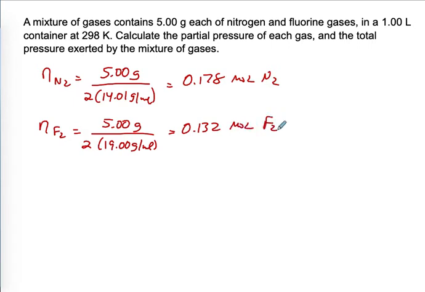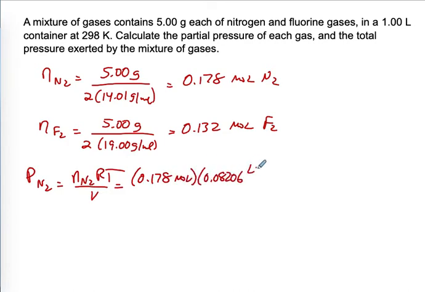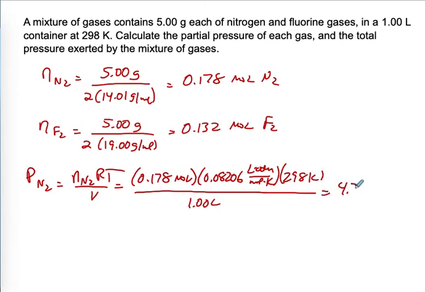Now, I can easily calculate the partial pressure of each gas because I know the moles of each gas in the mixture, the temperature and the volume, so I can simply convert these moles into pressure. The partial pressure of nitrogen is moles of nitrogen times RT over V, or 0.178 moles times the gas constant. Notice I'm plugging in both the number and the unit, as you're required to do, no matter how tedious you might find it. And that gives me a partial pressure of 4.35 atmospheres of nitrogen.